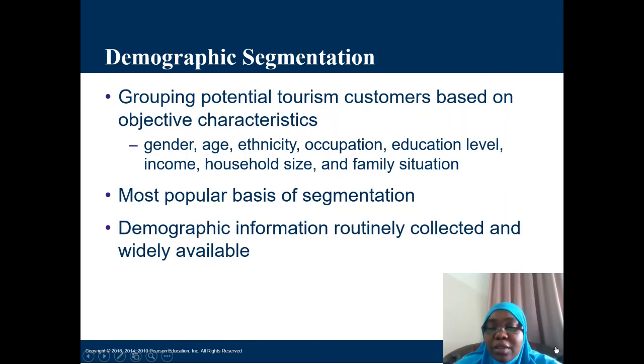Apart from the geographic segmentation, we also have the demographic segmentation, and this involves grouping potential tourism consumers based on their objective characteristics. Each person has his or her own personal characteristics or traits, and this involves the gender, age, ethnicity, occupation, educational level, income, household size, and family situation.